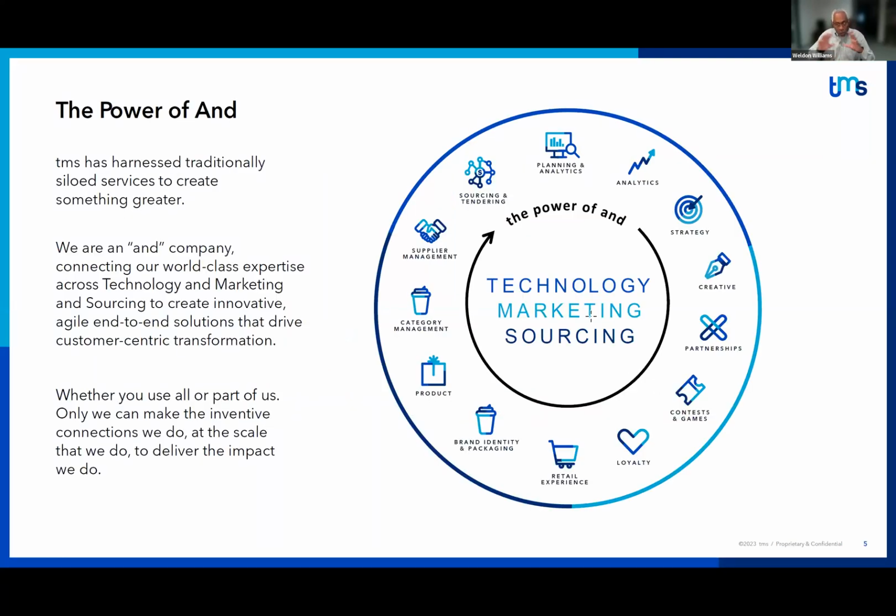Really, when you look at what we have from a solution standpoint, we do everything from category management to helping do brand identity work, as well as helping McDonald's set their strategy as it pertains to how to handle some of the emerging issues that we're seeing on the landscape.